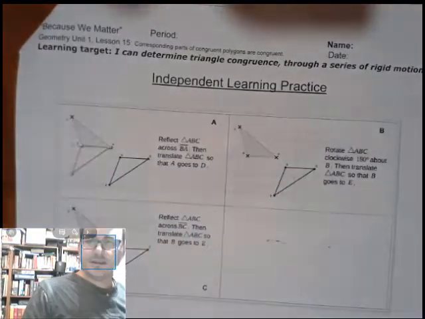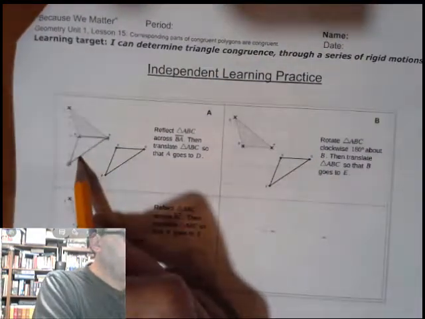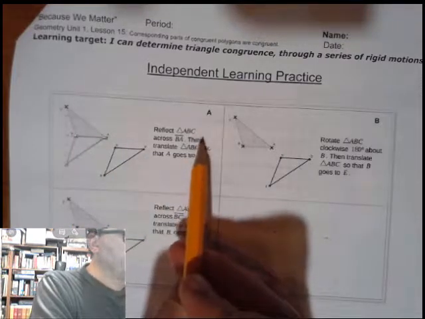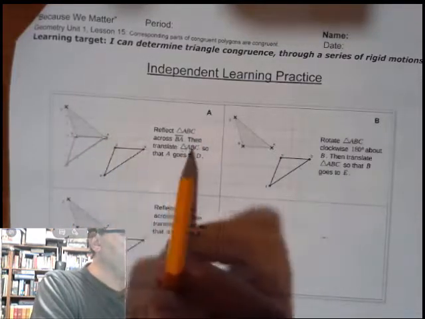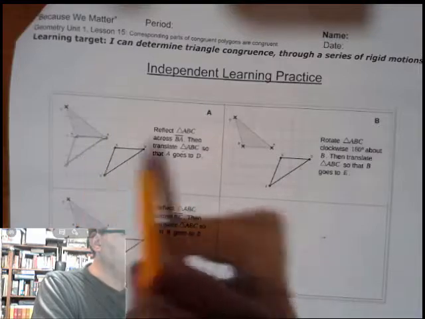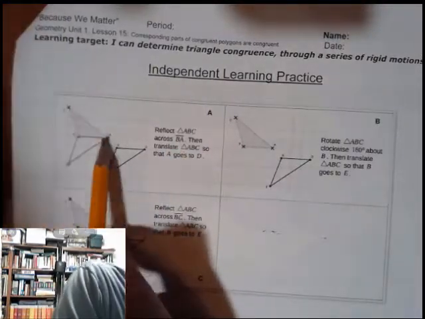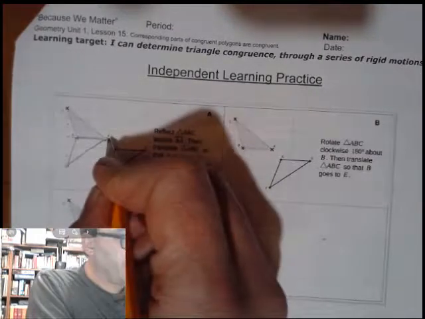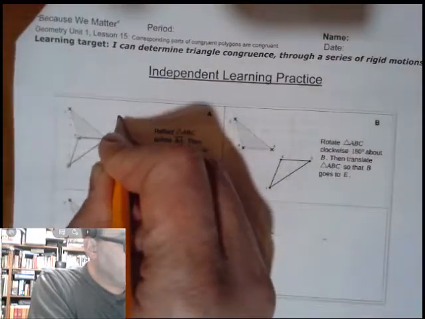There's my reflection of my new triangle after reflecting on AB. And then I need to translate my new triangle, A prime, B prime, C prime, so that A lands on D of this new triangle. So a translation. What do I need to do? I need to translate.